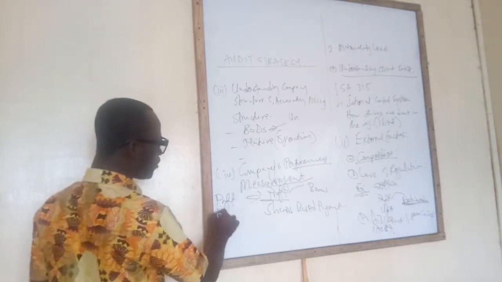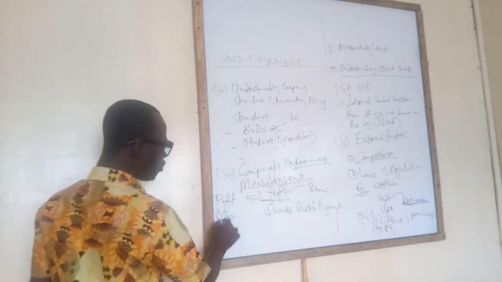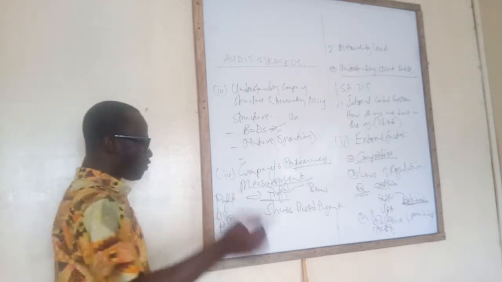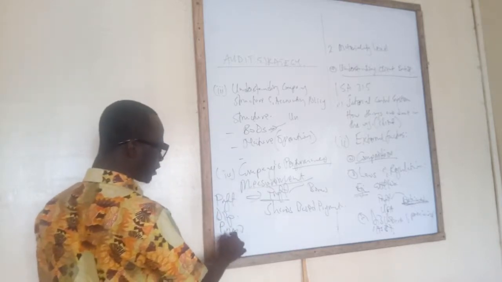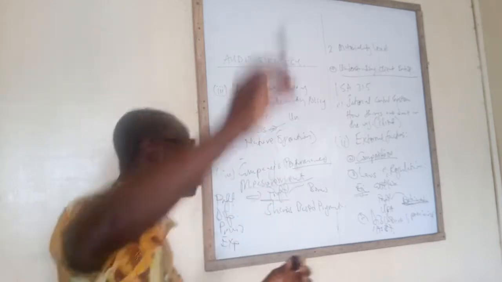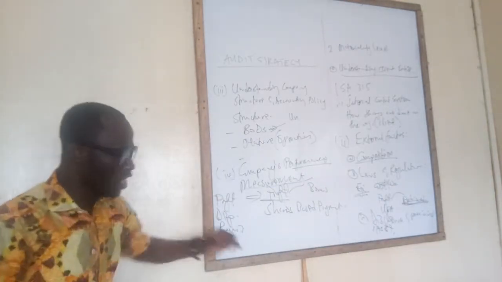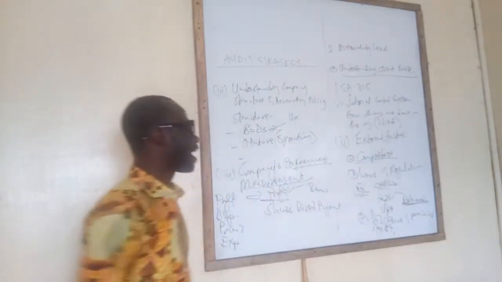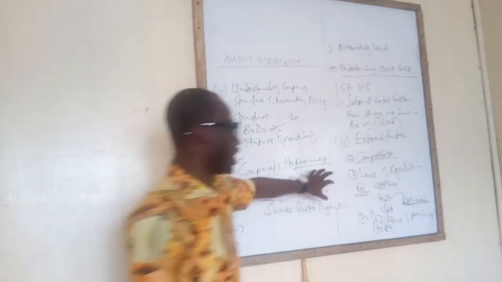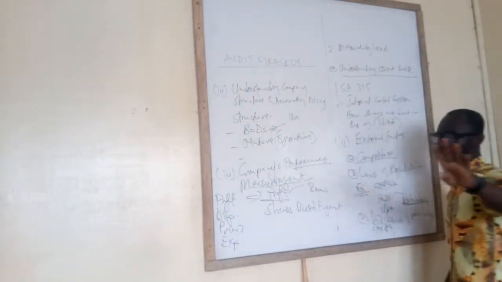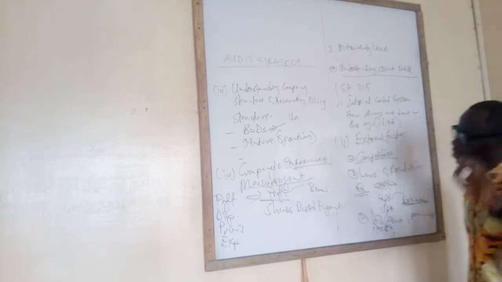Then we have to look at how depreciation was calculated. We have to look at how provisions were done. We have to look at how expenses were accounted for. Because management is likely to reduce all of these figures so that they can get the money that they want for their bonus. That is the fourth thing, performance measurement.